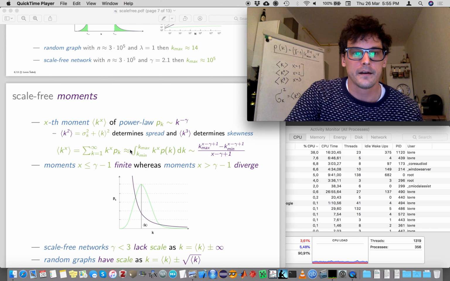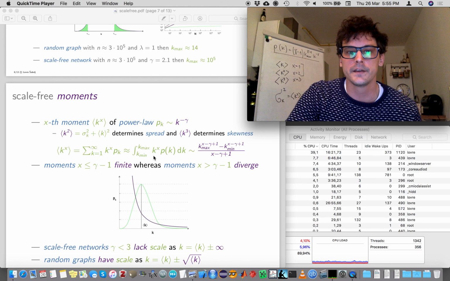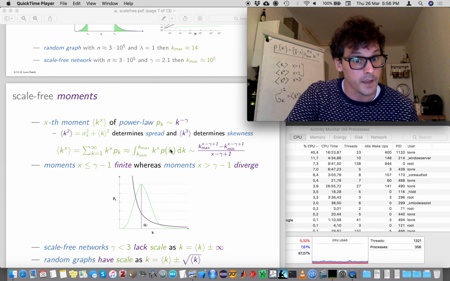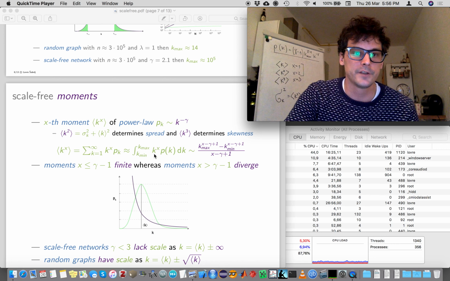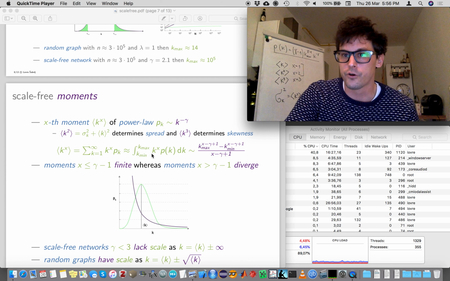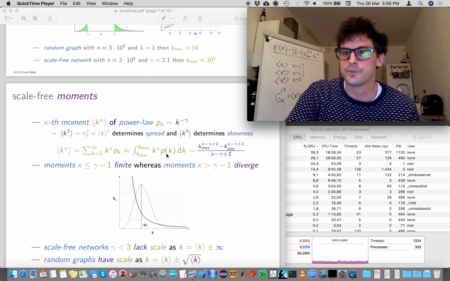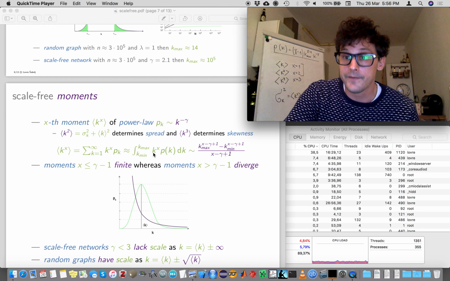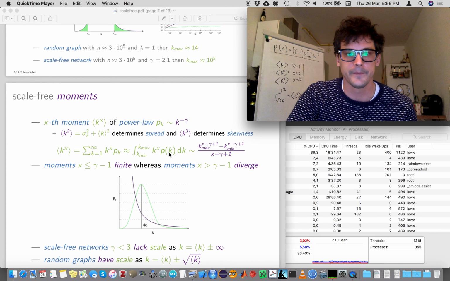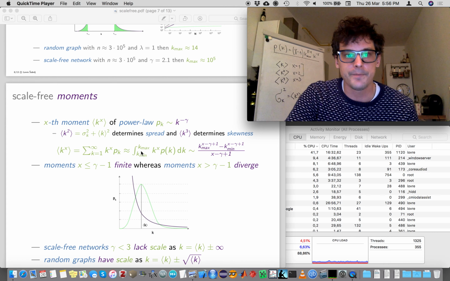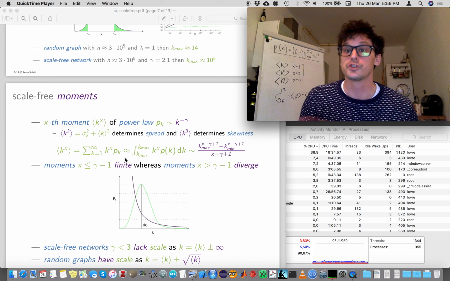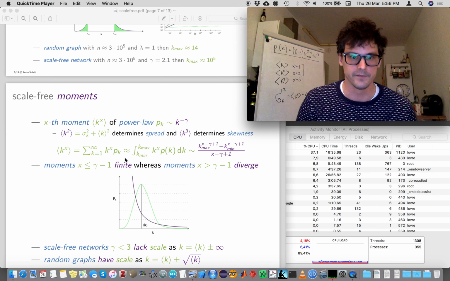We are again approximating this with an analytically convenient continuous power law approximation, and what we're simply doing is multiplying k to the power of x for all different values of k times the probability that we will see such a k in our network. The upper and lower bound will now be set from k min to k max, because we already computed k max on the previous slide.